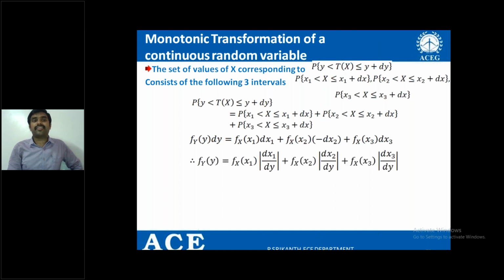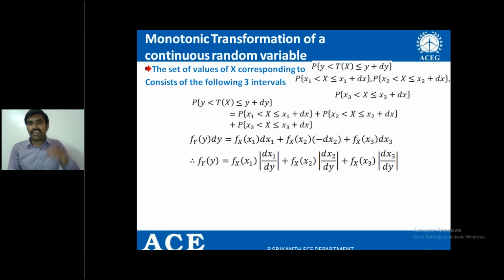Or I can say like this: fy(y) equals fx(x1). I'm just taking dy from the LHS to the RHS. So fx(x1) dx1/dy, fx(x2) dx2/dy, fx(x3) dx3/dy. But why am I taking the mod here? In the previous session I discussed that for monotonically decreasing and increasing transformations, the only change is the sign.